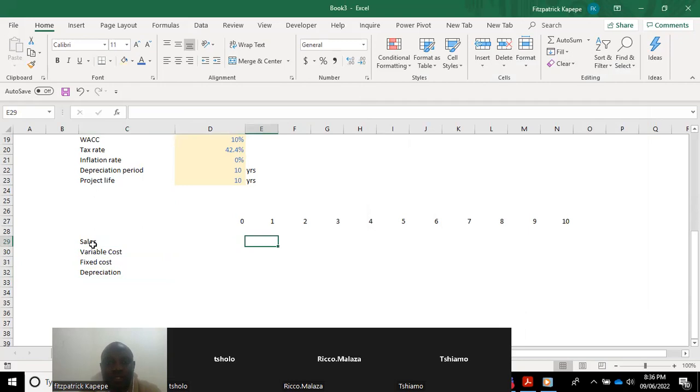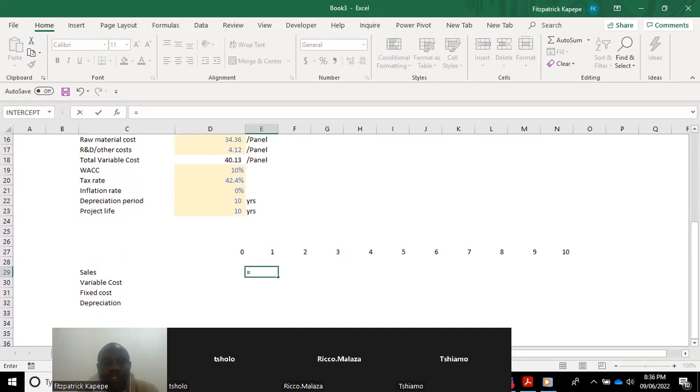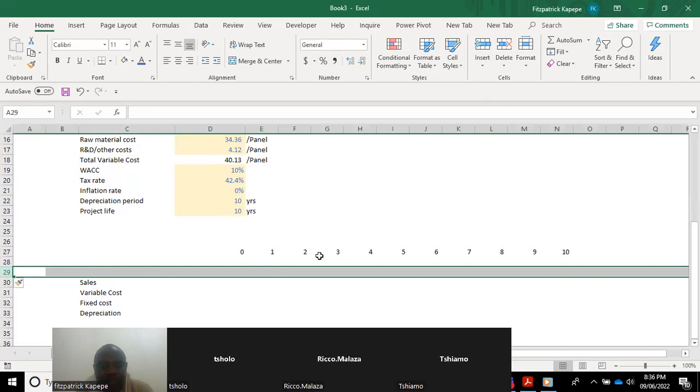So on the cost, we have been told on sales, remember that sales is going to be reducing by 1% on an annual basis. So if we want, we can just include a line on top.